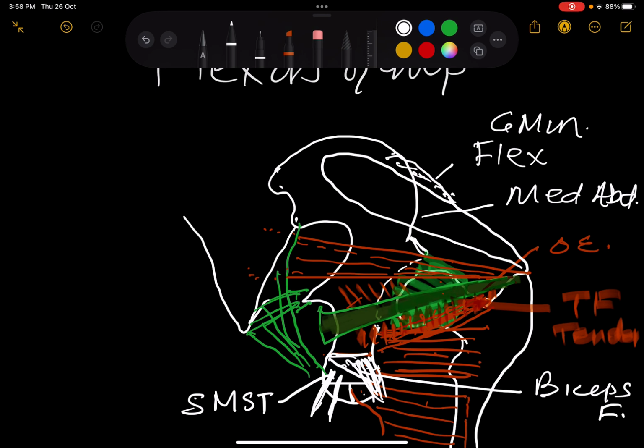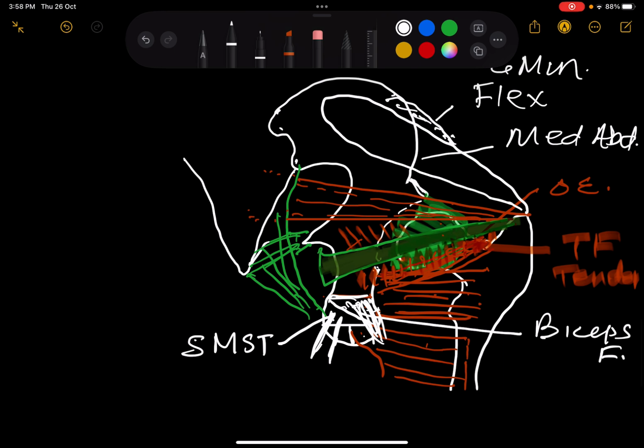Now this maximus, we will tell you, arises from this portion of the ilium, arises from the sacrotuberous ligament, and gets attached to the gluteal tuberosity here, covering all these muscles.